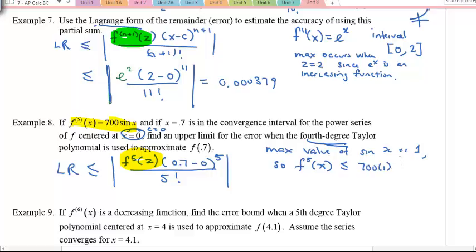Okay? So we can say that this is 700 times 0.7 to the power 5 over 5 factorial, and that's just equal to 0.9804.